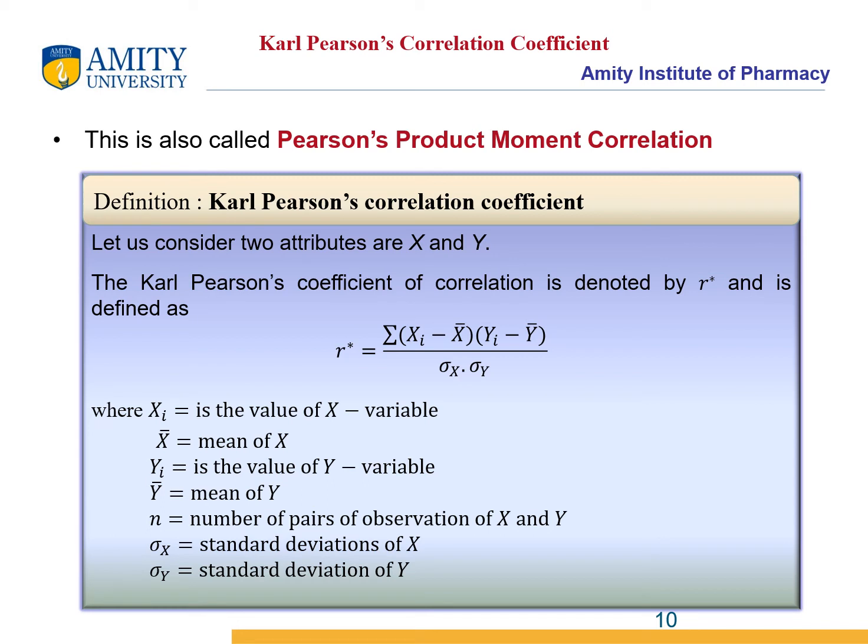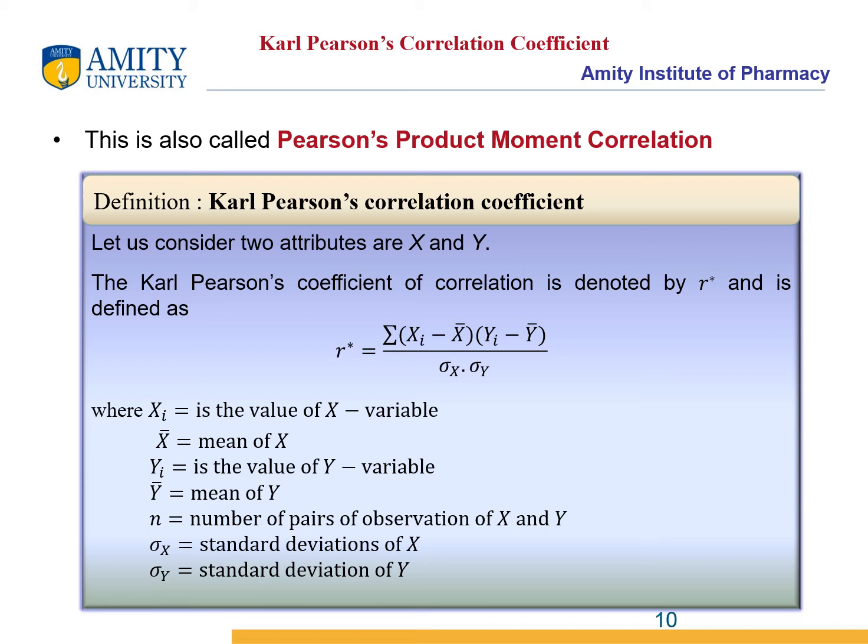So what is the formula? Let's look at it. r equals sigma (xi minus x bar)(yi minus y bar) upon standard deviation of x into standard deviation of y.